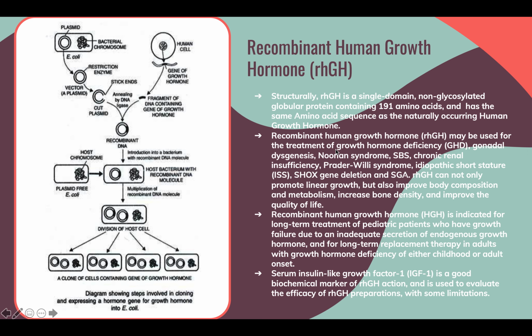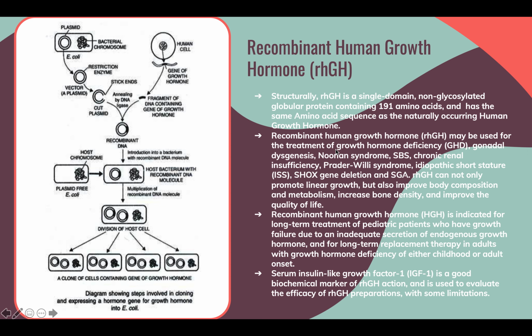So recombinant human growth hormone is indicated for long-term treatment of pediatric patients who have growth failure due to an inadequate secretion of endogenous growth hormone, and for long-term replacement therapy in adults with growth hormone deficiency of either childhood or adult onset, which are also what we've discussed in the previous presentation.